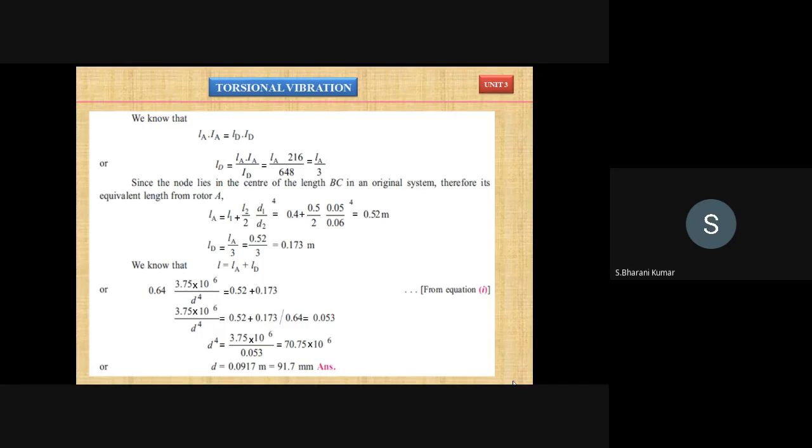Here you want to find the diameter of the shaft and frequency, and the node position will be given in the question itself. So vice versa, all the data will change. Shall I move on to the next sum now?